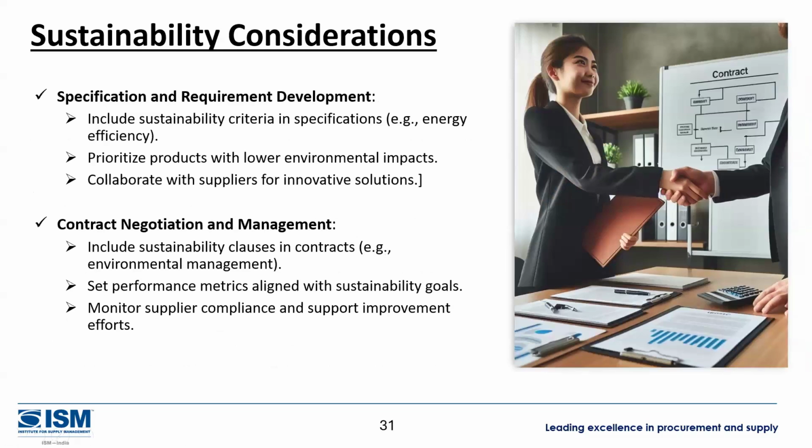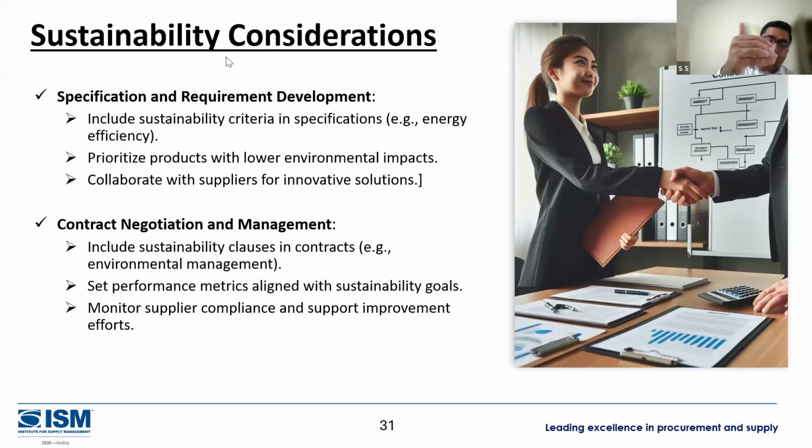Specification and requirement development. Let's say we are sourcing a material from a vendor which exercises fair labor practice, but the material is a normal light bulb, which is not energy efficient.